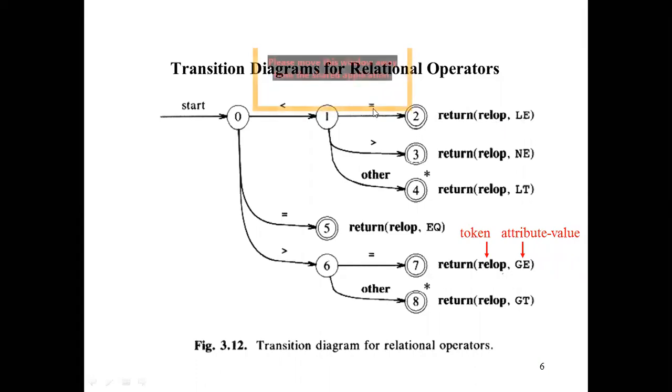Okay, less equal. So we can say that this is the transition diagram for the relational operator less equal. Okay, if we want to draw the transition diagram for not equal, then we will use this state.